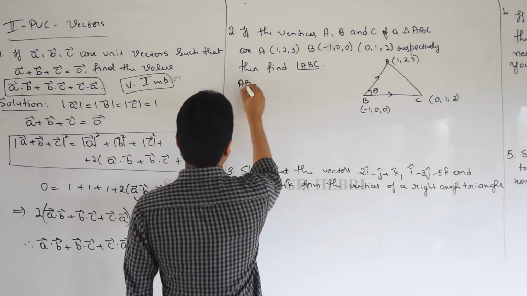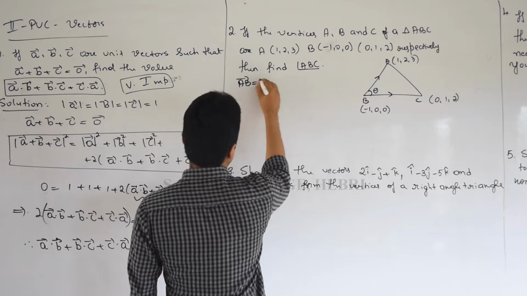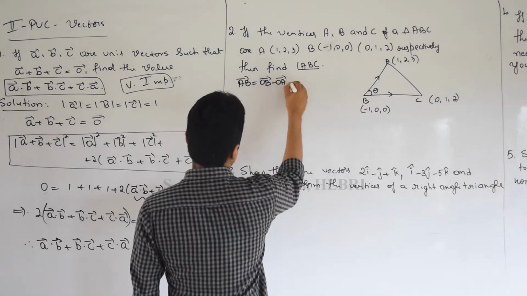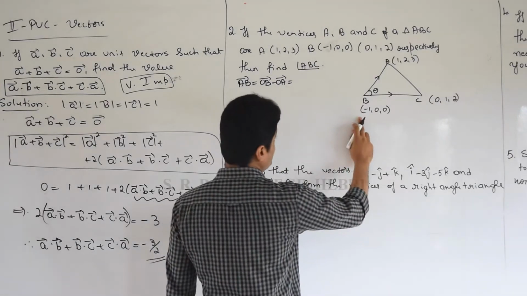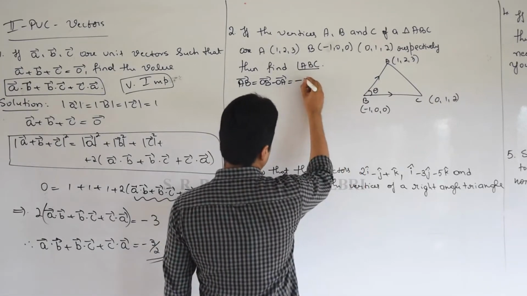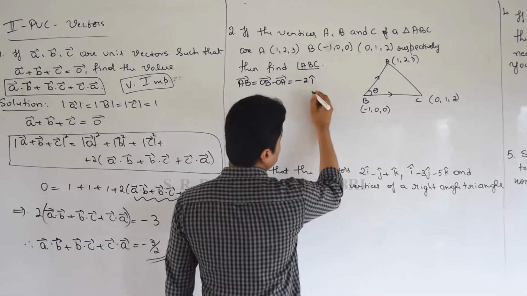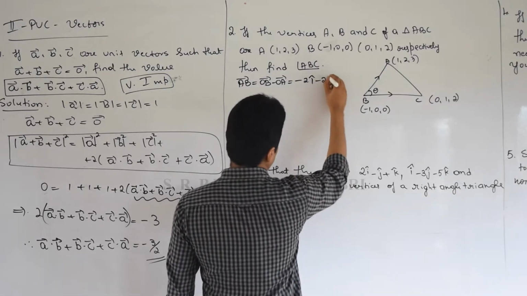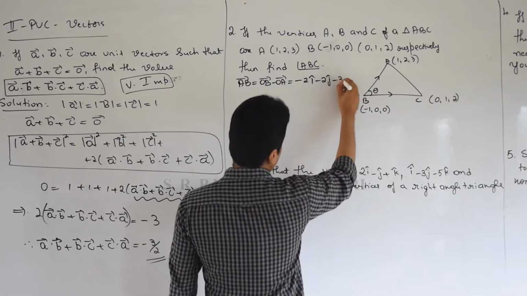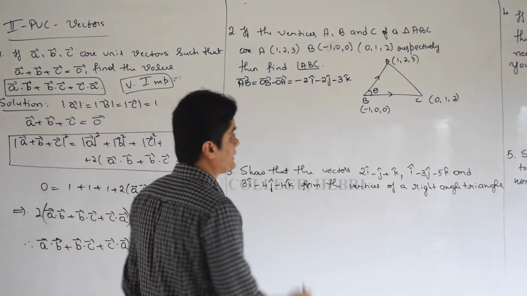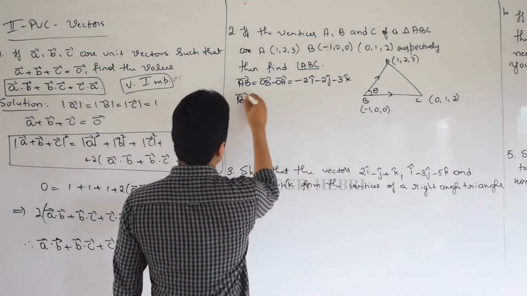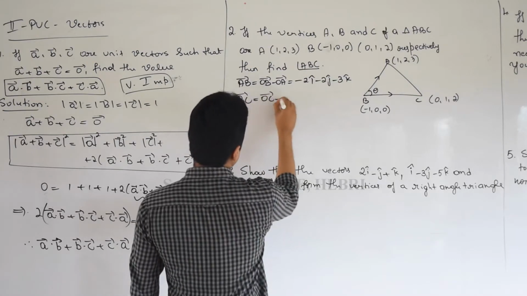So first find vector AB, which is OB minus OA. What is vector AB now? OB minus OA: minus 1 minus 1 is minus 2 I, 0 minus 2 is minus 2 J, 0 minus 3 is minus 3 K. This is vector AB. Similarly, find vector BC, which is OC minus OB.